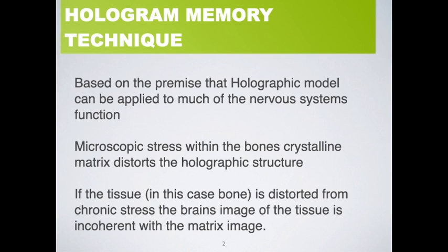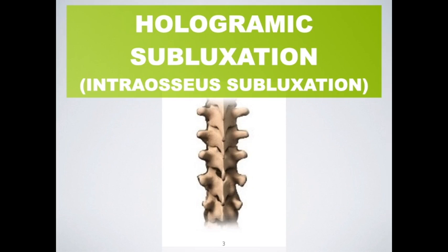Chronic stress on that bone distorts the matrix. And over time, the matrix, the actual model of the bone, is incoherent, basically doesn't match with the brain's holographic image of the bone.